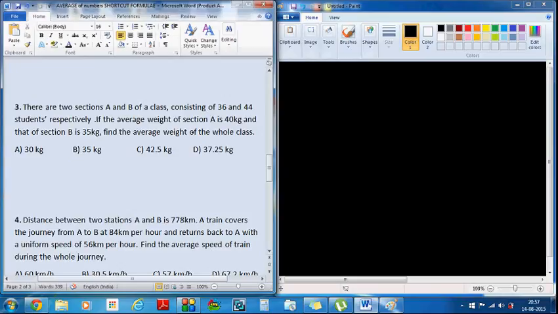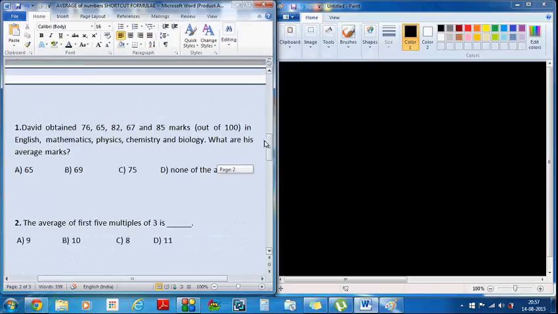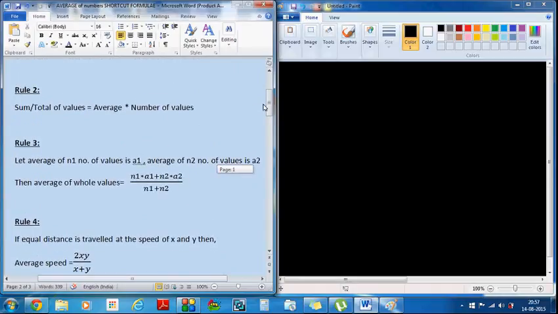If the average weight of section A is 40 kg and that of section B is 35 kg, find the average weight of the whole class. So we'll calculate according to rule 3. We can calculate it.